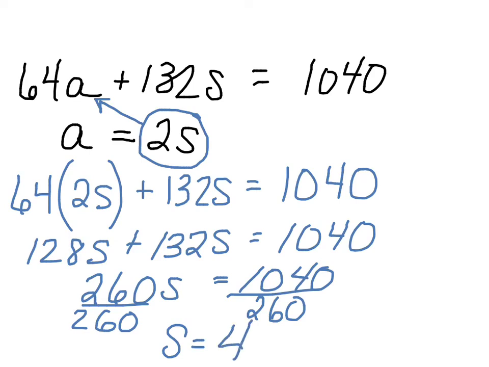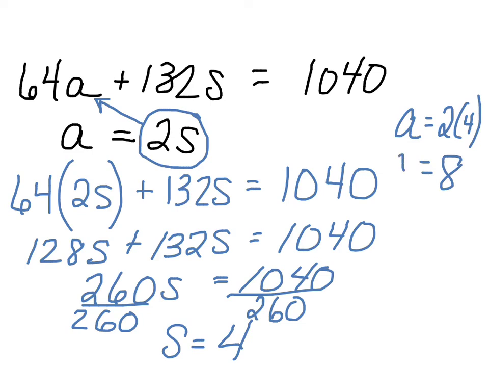That means that a student ticket costs $4. To find out how much an adult ticket costs, we double it, because that's what it said. It said twice as much. So how much is an adult ticket? 8. Good.